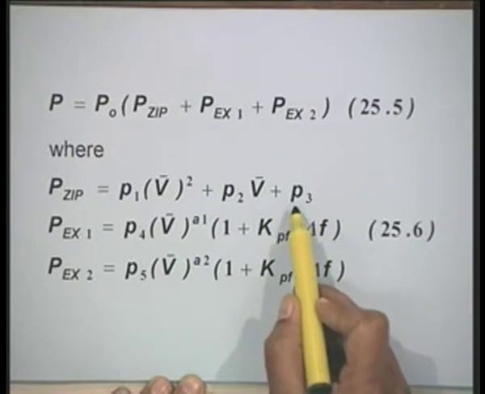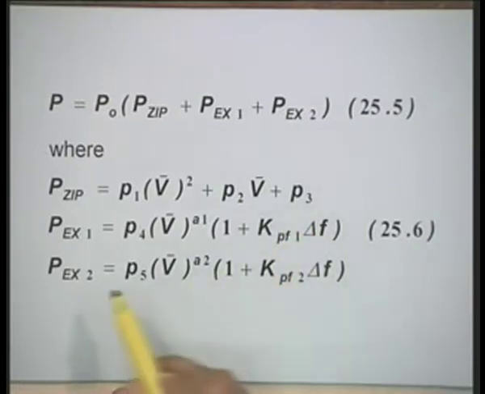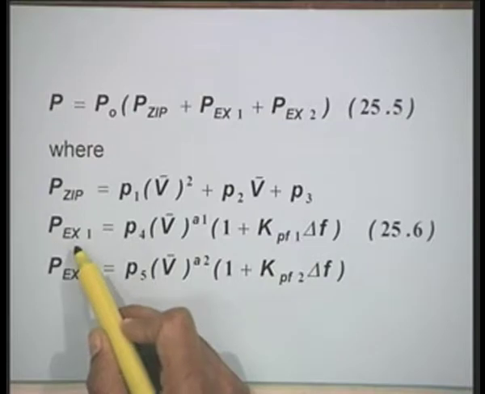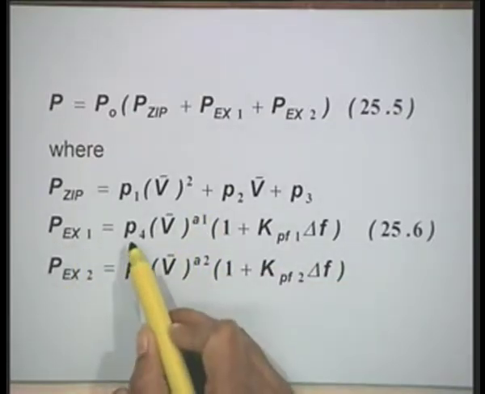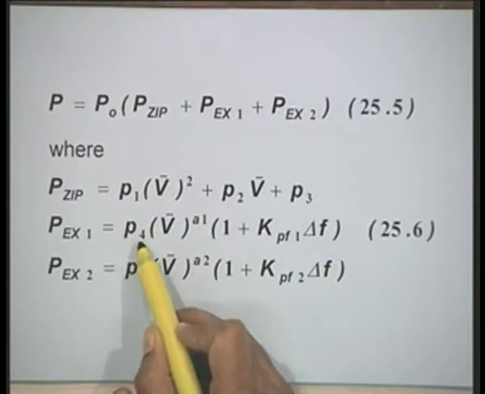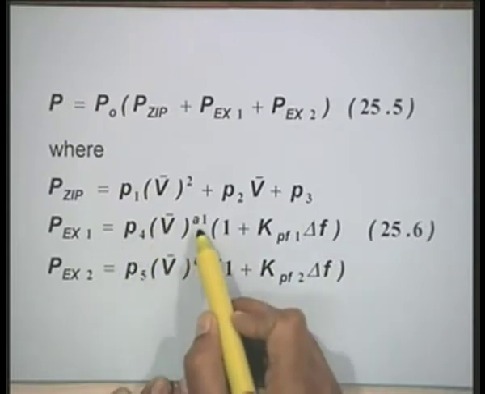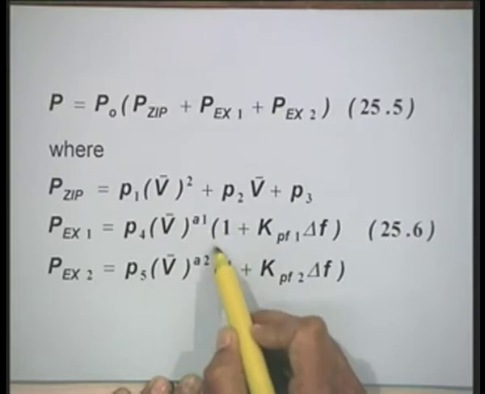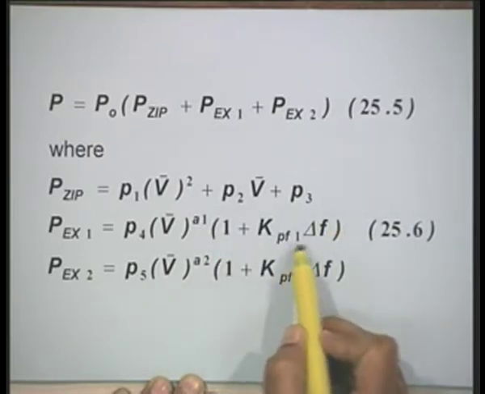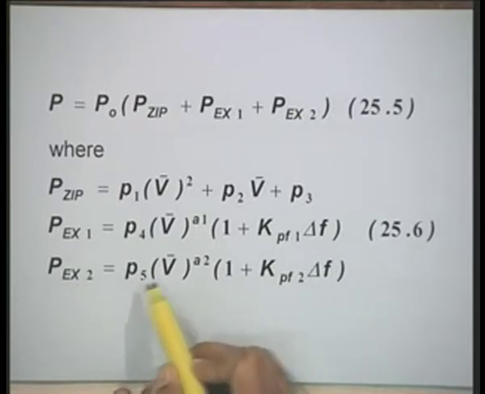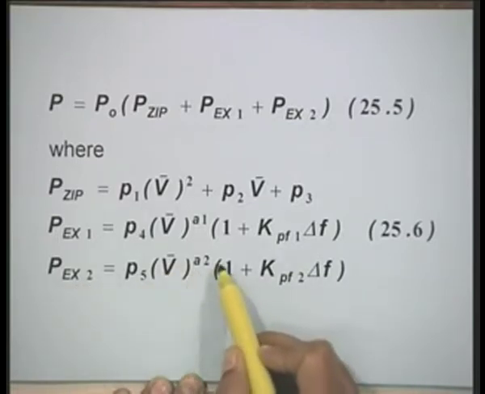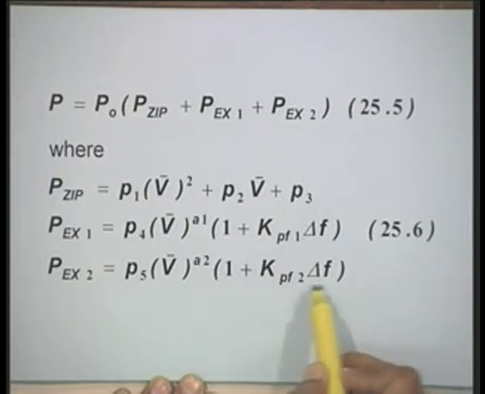That is what we have already seen. Then P EX1, that is the exponential component, is represented as P4 V bar to the power A1 multiplied by the term 1 plus Kpf1 delta f. P Ex2 as P5 V bar A2 into 1 plus Kpf2 delta f.